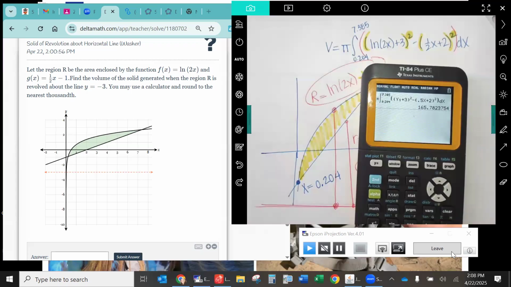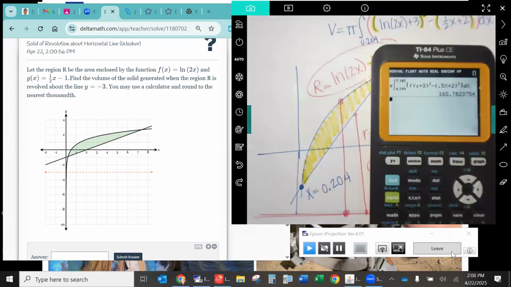Okay, so you can look at mine, 165 is the correct answer. Notice for my ln of 2x, I subbed in the y1. But for my 1/2 x, I simplified it, so I did not use y2. I used 0.5x plus 2, or 1/2 x plus 2. Okay.